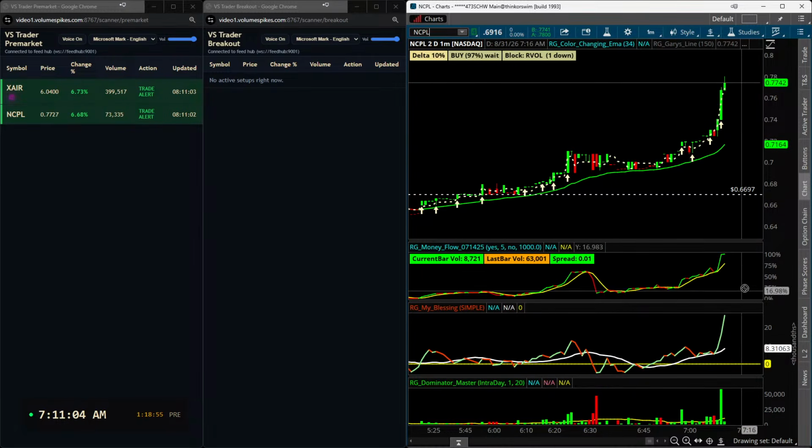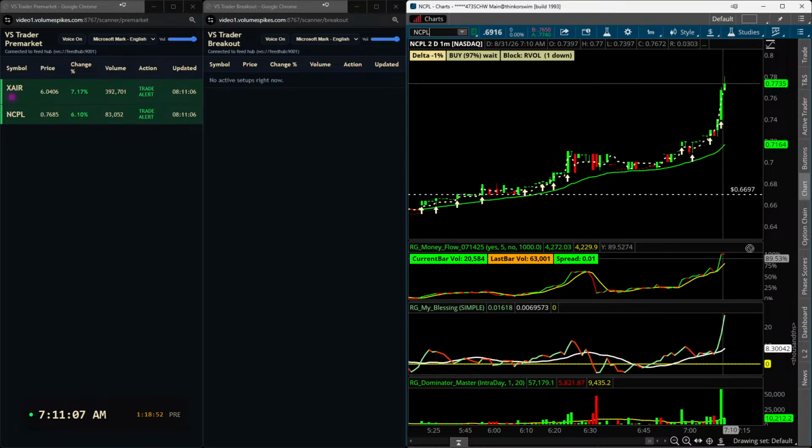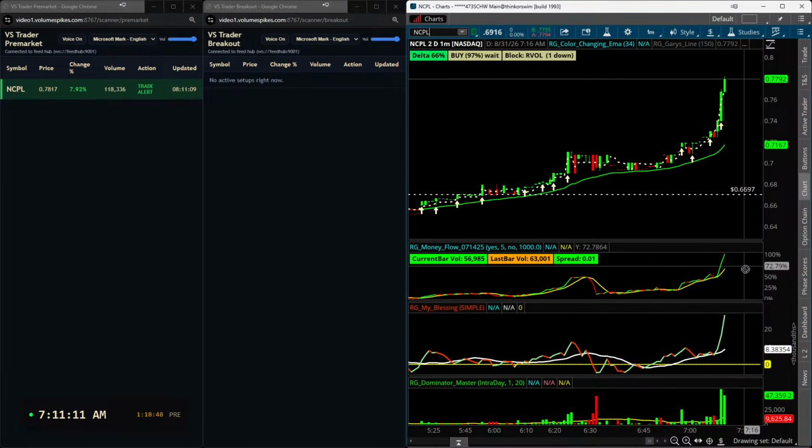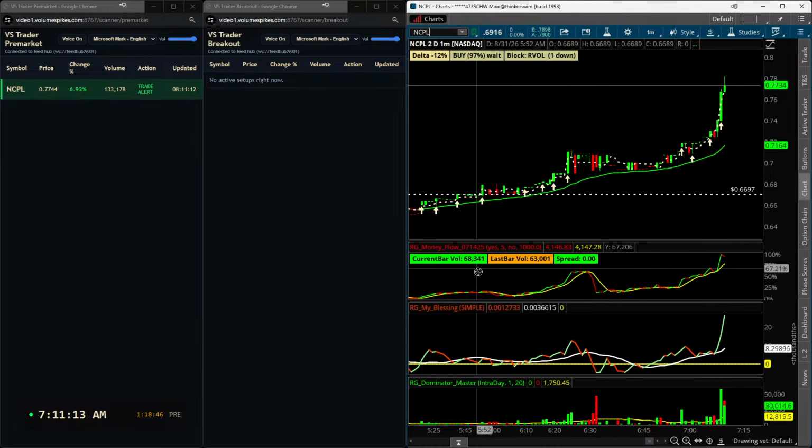Checking the bars and the indicators. They are green, but the money flow is red. We're just getting started here. Let's see if they can get the volume to go.